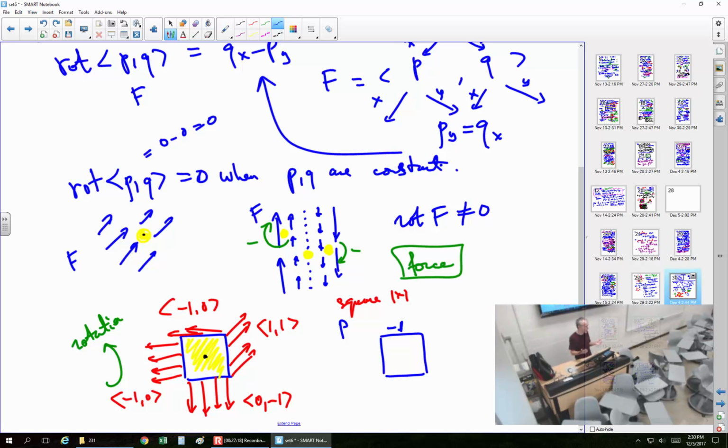So I'm splitting my vector field into 2, P and Q, in order to compute the rotor separately. For P, I will be reading the first component, for Q, the y component. So it will be negative 1. Over here it is 1, 0, and negative 1. For Q it will be 0, 1, negative 1, and 0.